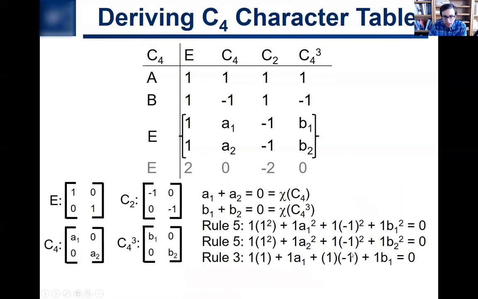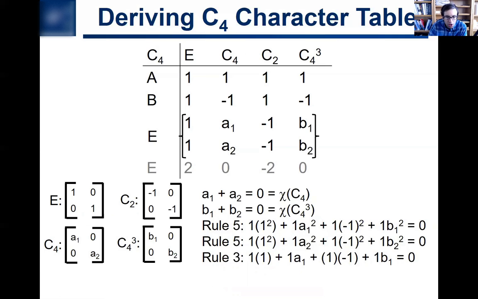And now you can run through some algebra, go through the different rules. We know that A1 plus A2, that's a trace, is going to have to be equal to 0 here. That's our unbroken up irreducible representation. B1 plus B2, again, that's a trace. That's going to have to be equal to 0. And we can use our rule number 5 and some other rules, rule number 3 here, to come up with a system of equations. And this gets really detailed.